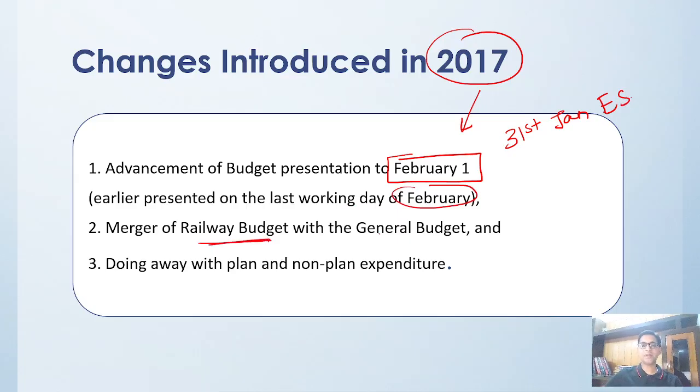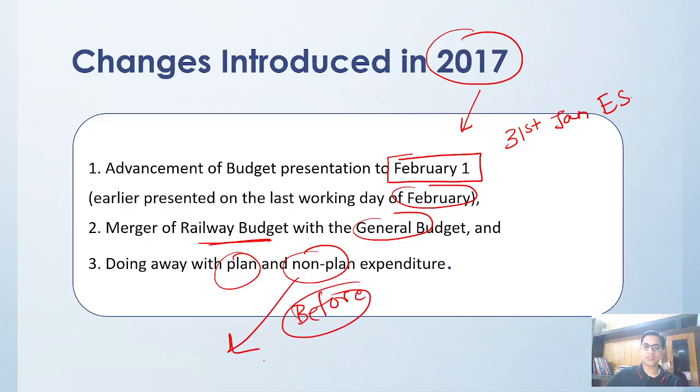Railway budget is merged with the general budget, and earlier in the budget they used to put plan expenditure and non-plan expenditure. Now it has been totally done away. Earlier, before 2016, non-plan expenditure was the maximum budget holding area, because non-plan expenditure takes the bigger cut during that time. But after 2017 these three important changes have happened.